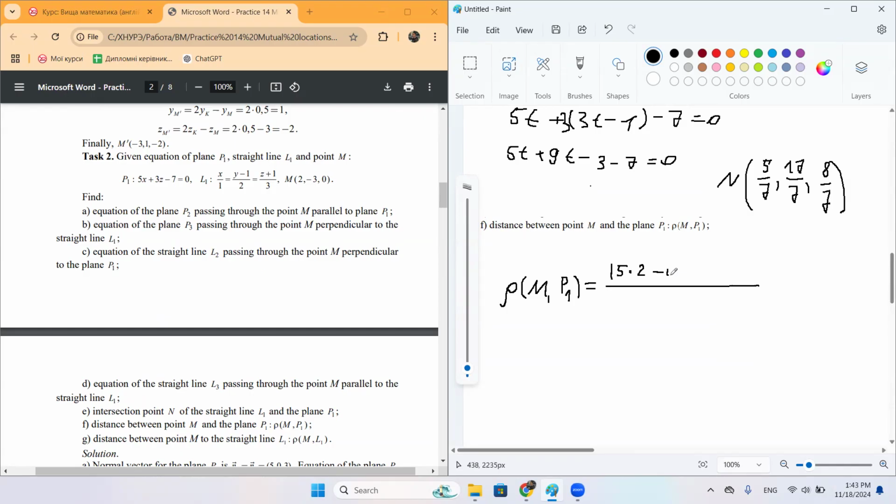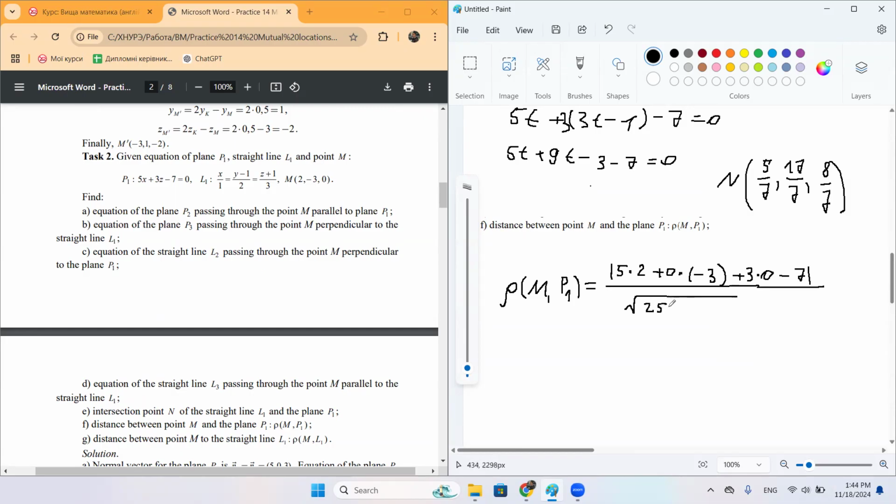I won't skip any for now. For 0 by minus 2. Plus 3 by 0. Minus 7. And divided by the magnitude of the normal vector.